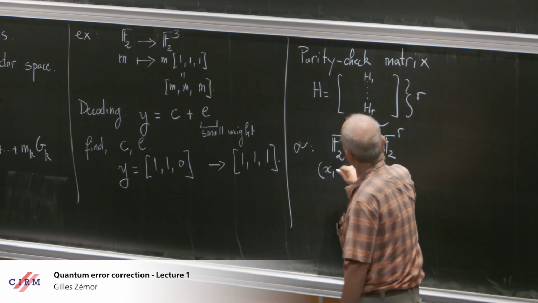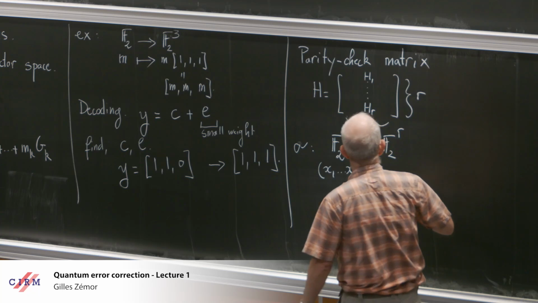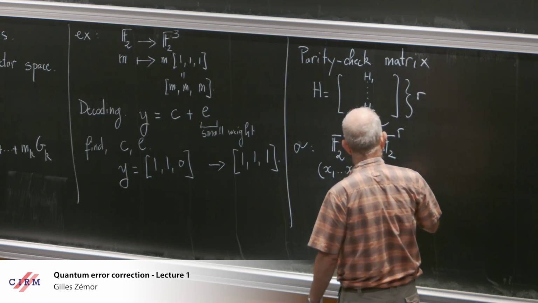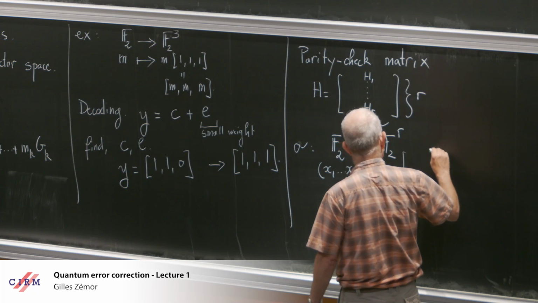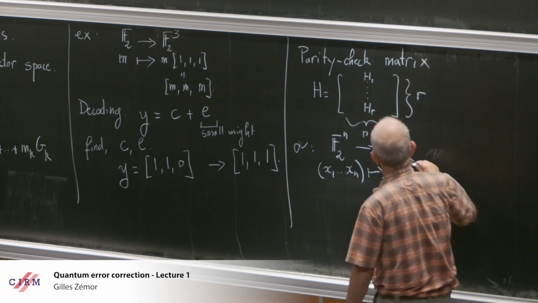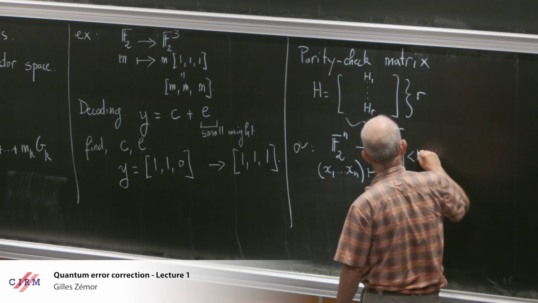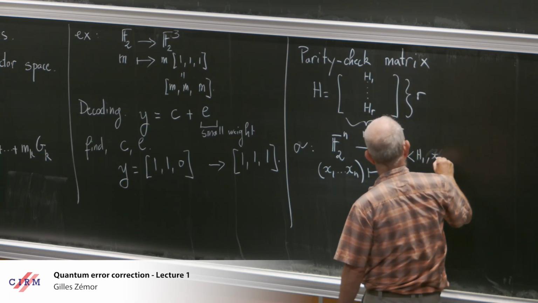It takes an n-tuple of bits, zeros and ones, x1 through to xn, to a column vector, whose first coordinate is the inner product of the first row, H1, and x.